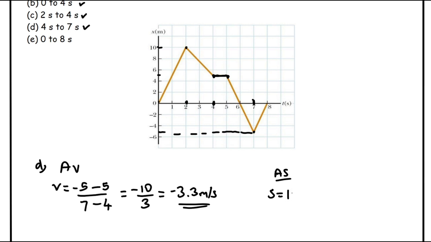So this is a total distance of 10 meters divided by the time interval, 7 minus 4. This gives us 10 over 3, which is 3.3 meters per second.